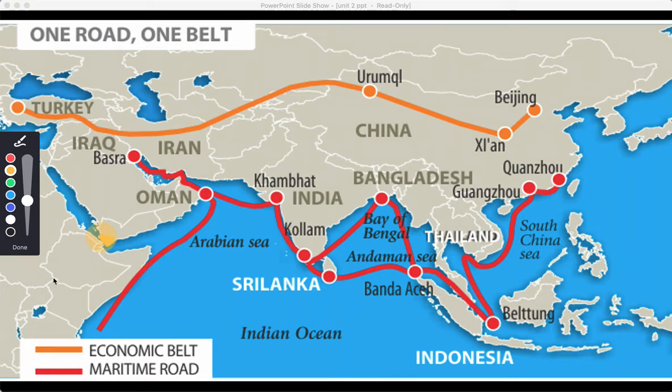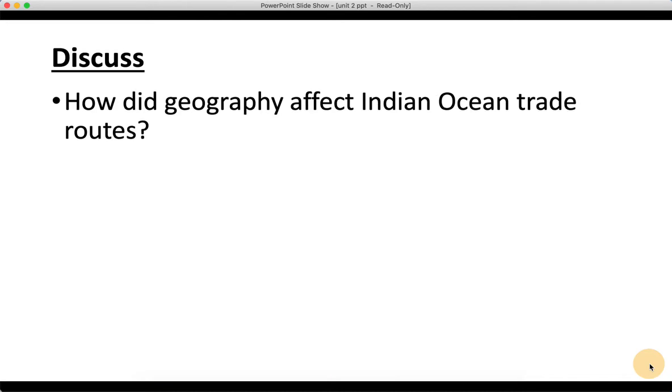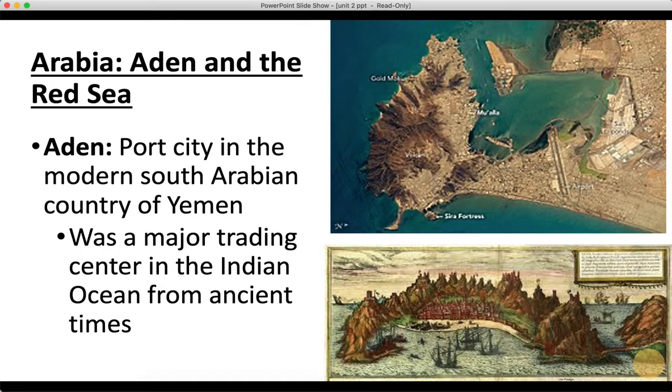Right there, so in the corner of sort of Yemen. So Aden is a port city in modern southern Arabian country of Yemen. So it's on the southwestern coast of the Arabian Peninsula. You're going to find the city of Aden.